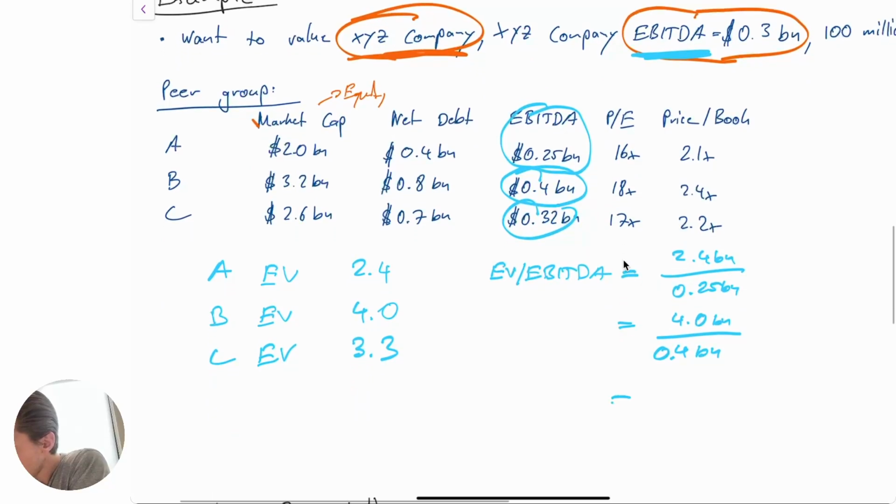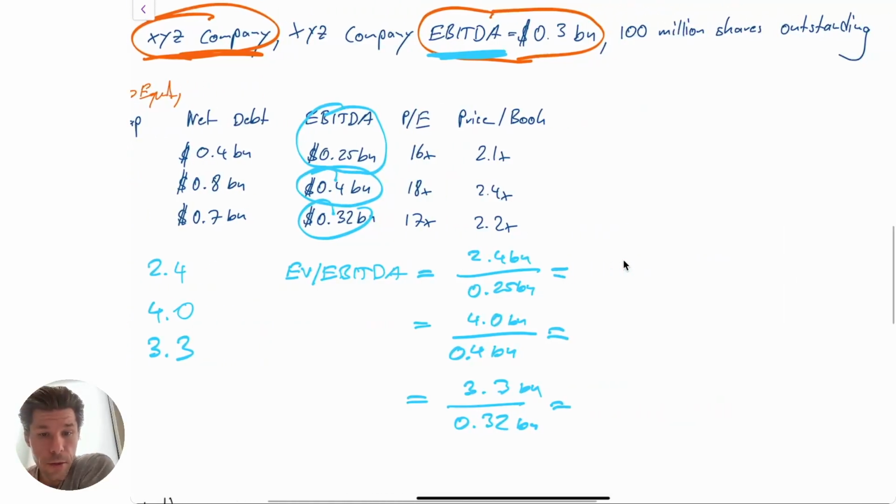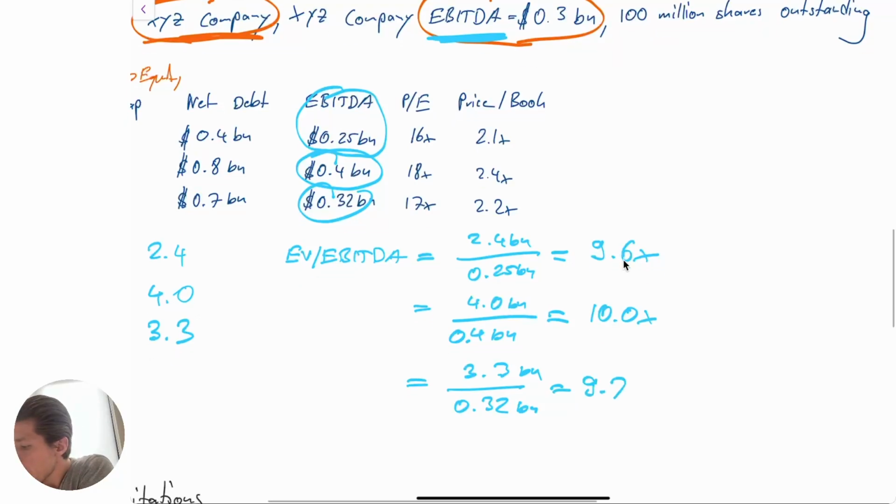And then the last one for C is 3.3 divided by 0.32 billion. Yeah, it's all in billion. So we create our ratios based on the peer group. The answer, if I'm not mistaken, would be 9.6 times, 10 times, and 9.7 times.